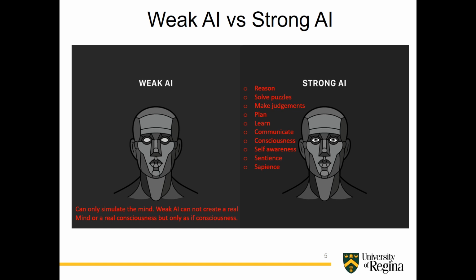A strong AI should be able to reason, solve puzzles, make judgments, plan, learn, communicate. Strong AI should have consciousness, to have subjective experience and thought, self-awareness, sentience, which is basically the ability to feel perception or emotions, and sapience, the capacity for wisdom.